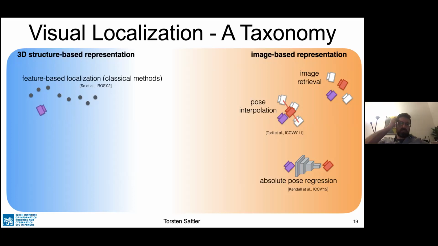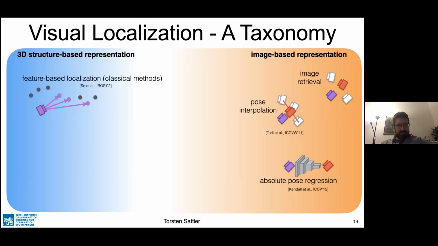If you have a test image, you can also extract features and then establish 2D-3D correspondences by comparing these local patch descriptors. And then you estimate a camera pose such that as many 3D points as possible project close to their 2D measurements.